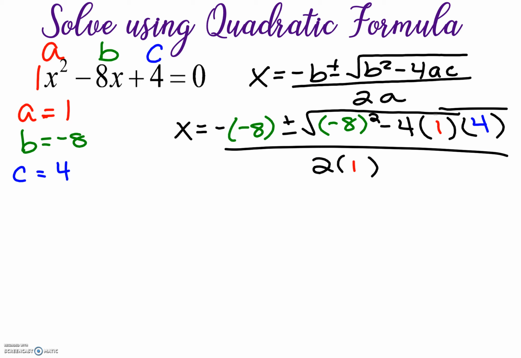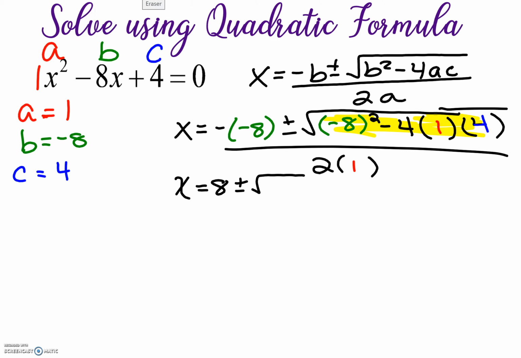all over 2 times our a term. So once we have the numbers substituted into our formula, from here we're just going to simplify. So x equals negative times negative 8 is a positive 8, plus or minus, we're going to bring down our radical symbol. From here, we want to type in only the numbers that are underneath the radical symbol. So I'm only going to type in what I'm highlighting right now.